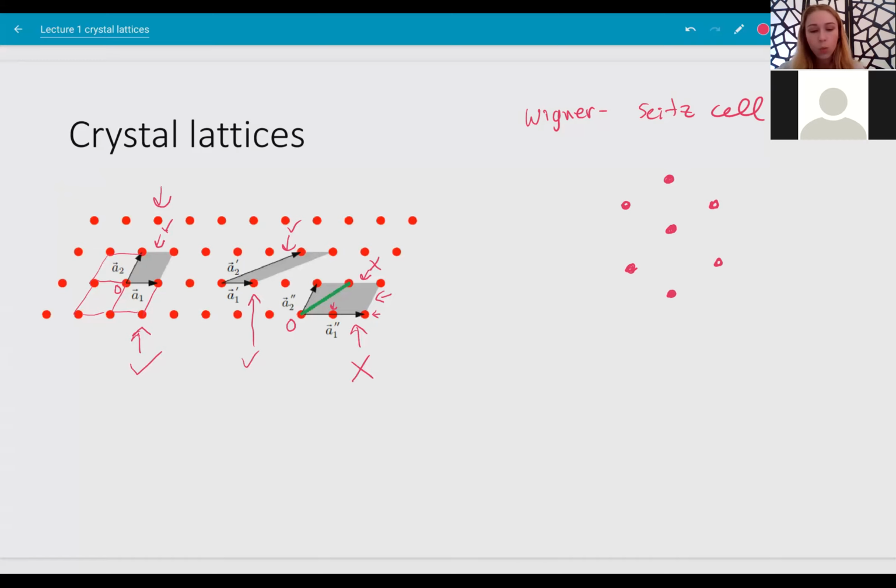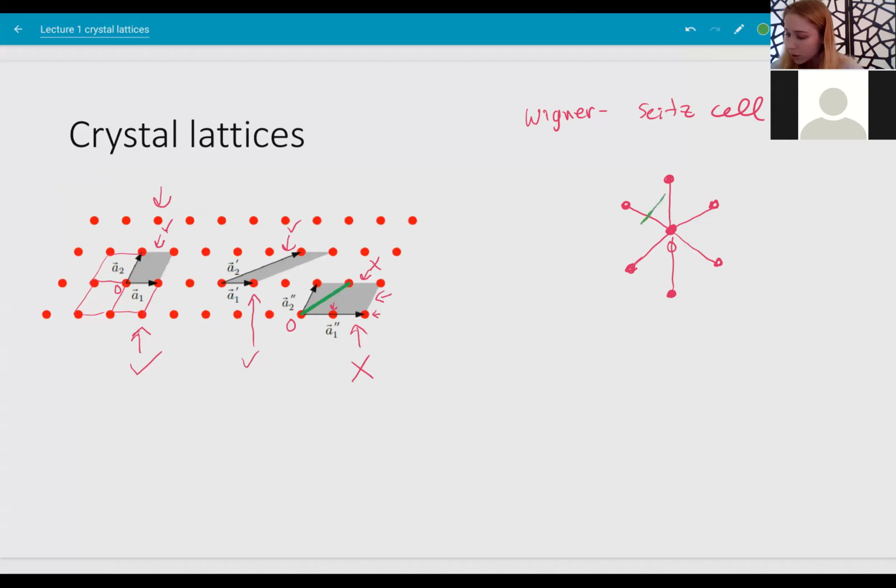First you pick one of the lattice points, and obviously there would be a lot more in the picture if we were doing this for real, but you would pick one lattice point, and this is your central point. Then you draw lines connecting to all the nearby points. So let's connect this to all of its neighbors. All right, so now it's connected to all its neighbors. And then you draw a perpendicular bisector through all of these lines that we just drew.